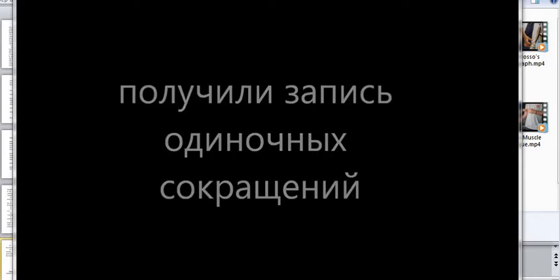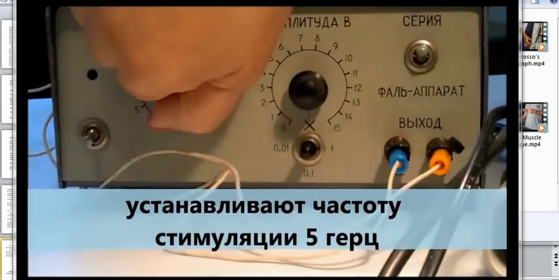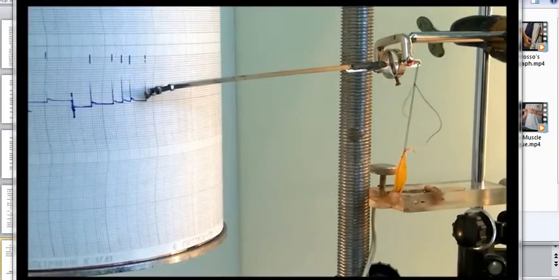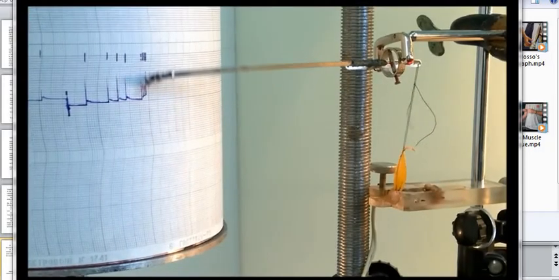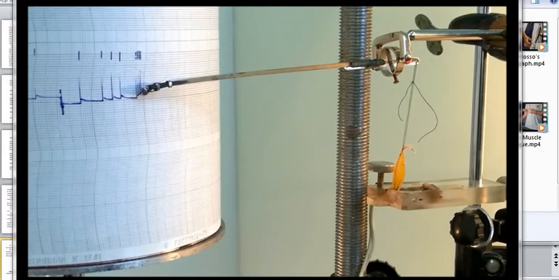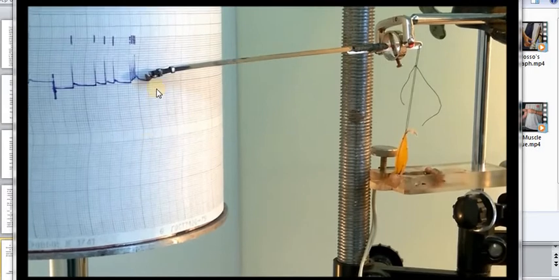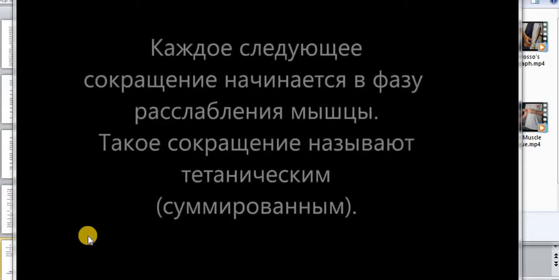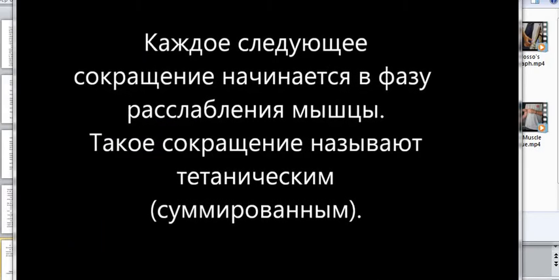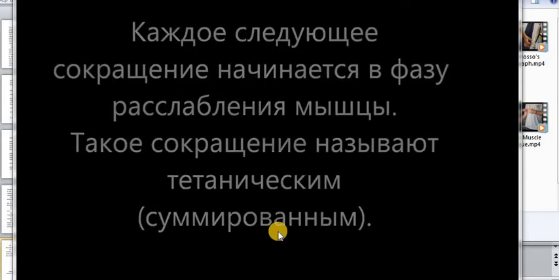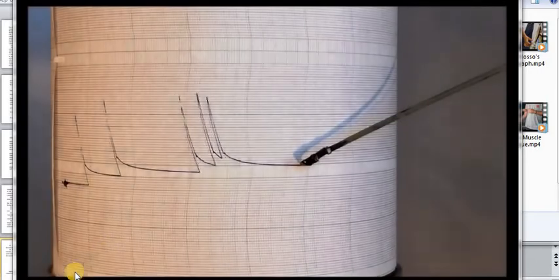We have the myogram. And now we have incomplete contraction, like a series of twitches, thanks to summation of action potentials.